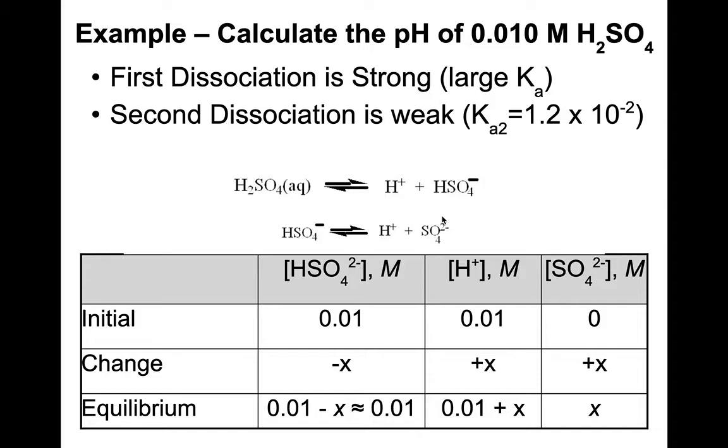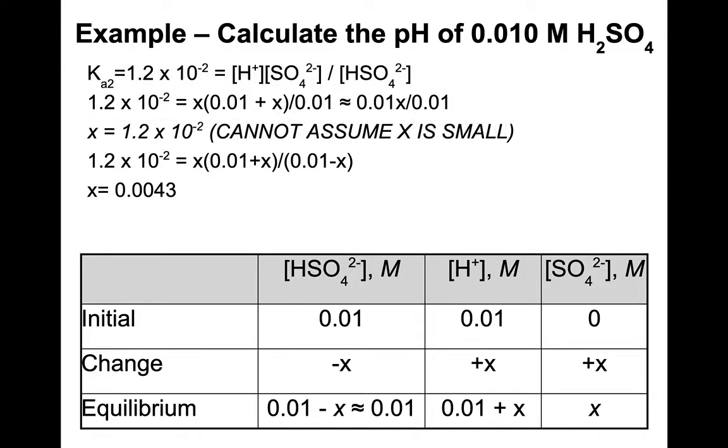And so then we write our equilibrium expressions. Now what we can do here is try to make this assumption that x is going to be very, very small compared to 0.01. If we do that, it'll save us from having to do a quadratic equation. So we can make that assumption initially. So we try that. We plug in our Ka. It's 1.2 times 10 to the negative third.